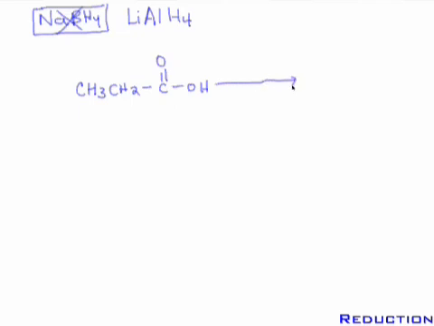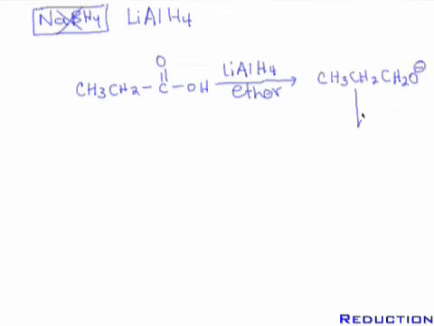So if we use lithium aluminum hydride here, the reduction, and this is usually done in ether, will get you to an aluminum salt of CH3CH2CH2OH, where the oxygen is the oxygen of the C double bond O, and that's an O minus, not an OH.